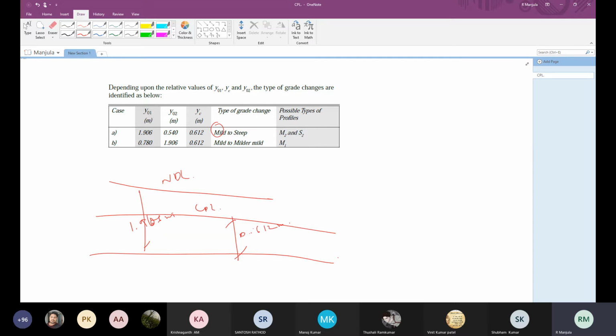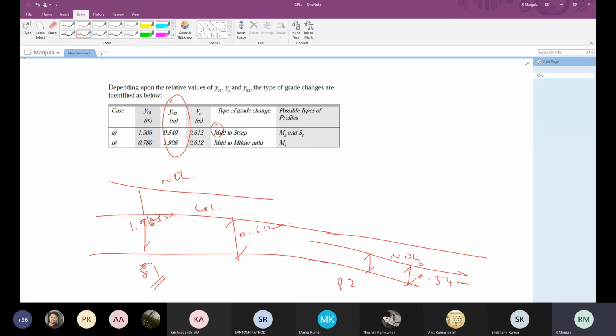Then second condition, it is changing the slope. So initially some slope, say S1, another slope is S2. So for S1 slope, it is a mild slope profile. Then for S2 profile, your normal depth is changing, this becomes NDL, 0.54 meter.